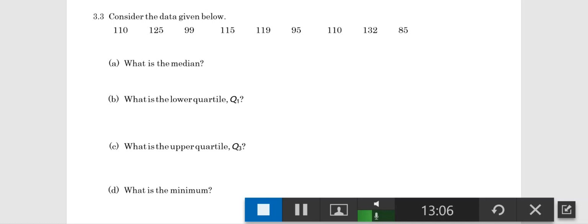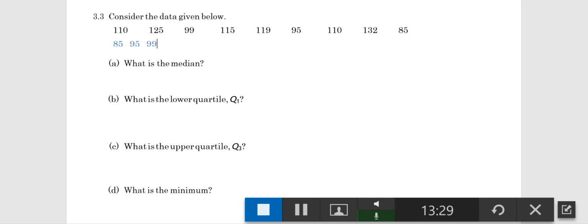You notice this is out of order. You might think it's increasing: 110, then 125, it's getting bigger. Oh wait, 99, that's smaller. So let's order this appropriately. First up is 85, then 95, then 99. I should put bigger spaces here so the numbers don't run together.